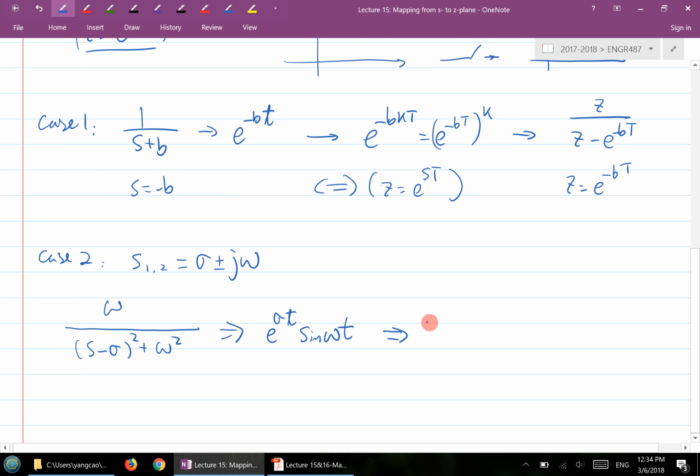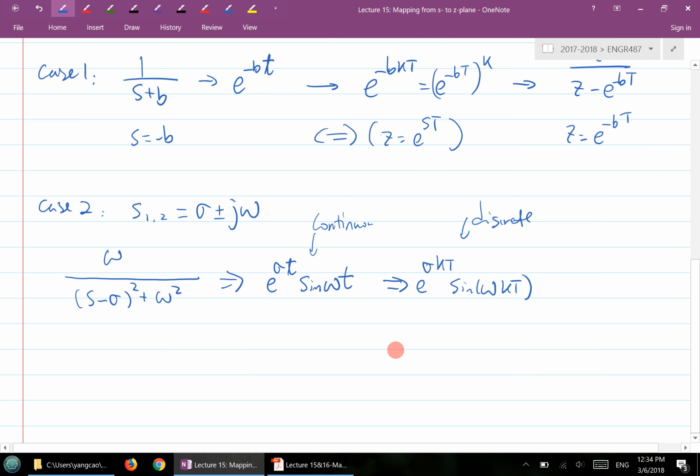Then you can do similar work. Let it pass through a sampler, so the t changes to kT, and that's the digital signal. Here is continuous, here is discrete.